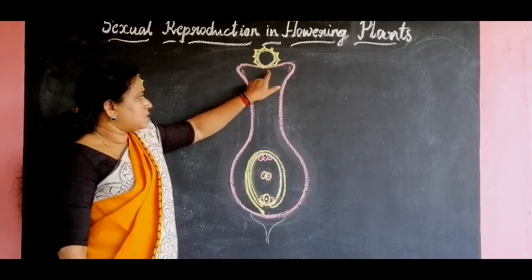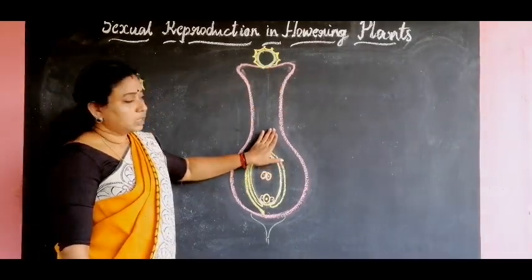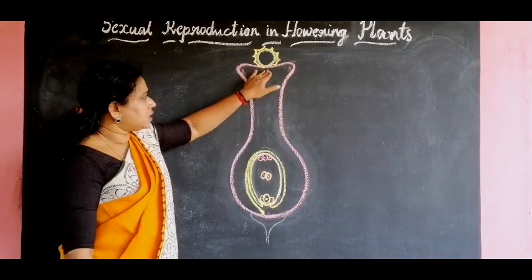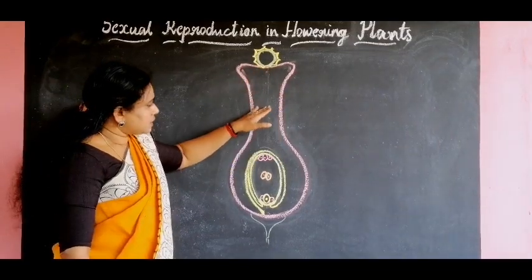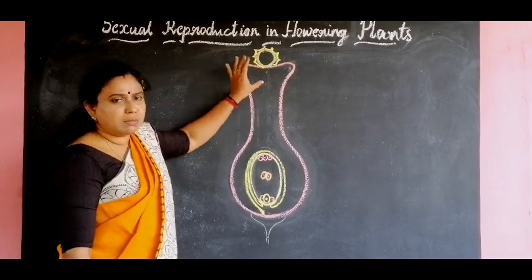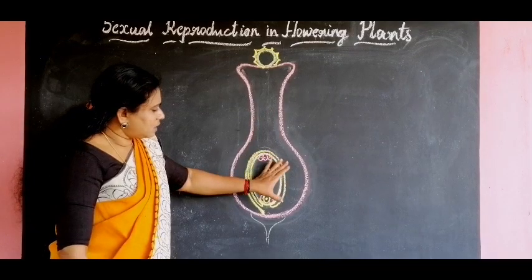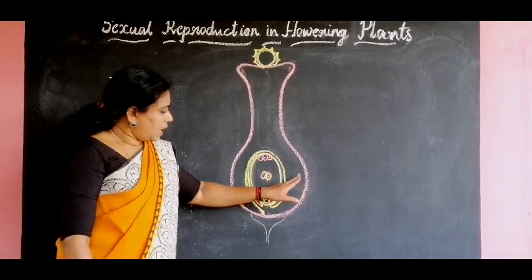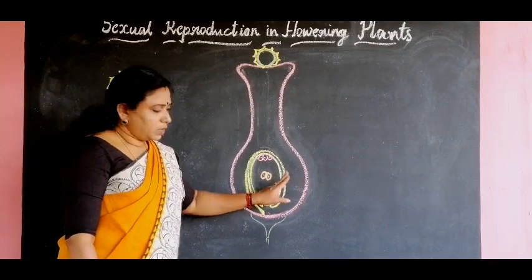Now what happens? What is the structure of the female reproductive system? That also we have discussed earlier. It contains a stigma, followed by the style. The style is the structure which connects the stigma and the ovary. At the base we can see the swollen part called the ovary. And inside the ovary, what is there?